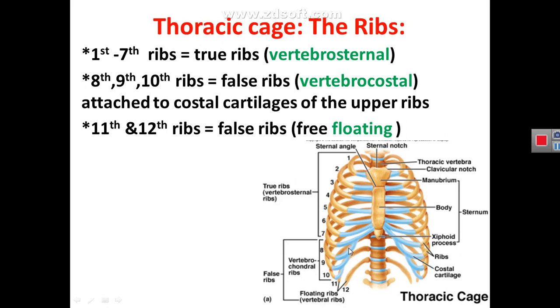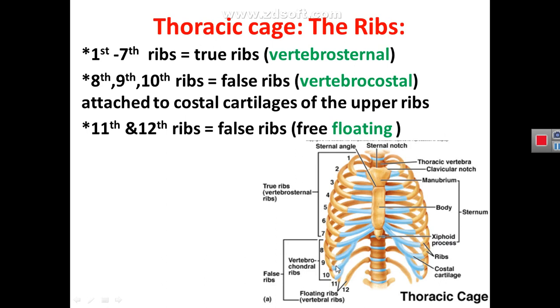These false ribs can also be classified according to their attachment. Ribs 8, 9, and 10 are called vertebro-costal false ribs, because posteriorly they are attached to the vertebrae, while anteriorly they are attached to the costal cartilage of the rib above them.